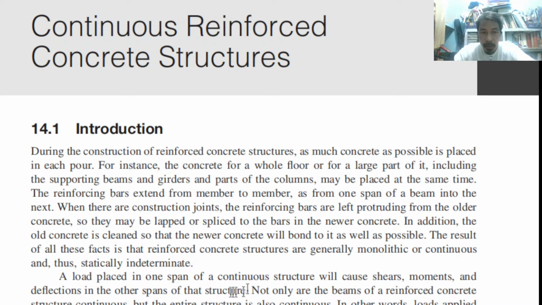Load placed in one span of a continuous structure will cause shear, moments, and deflection in other spans of the structure. They depend on each other. Not only are the beams, but the entire structure is also continuous. In other words, loads applied to a column affect the beams, slabs, other columns, and vice versa.